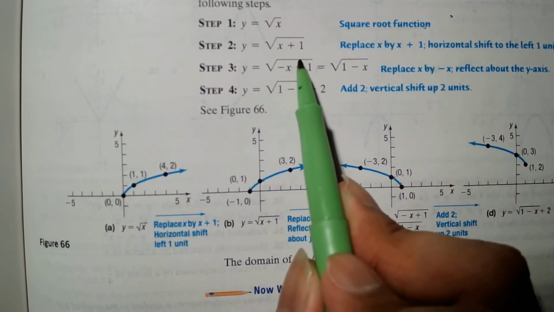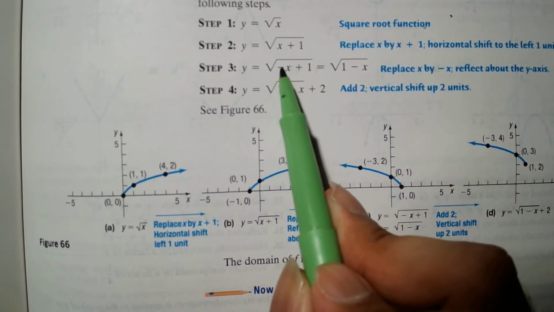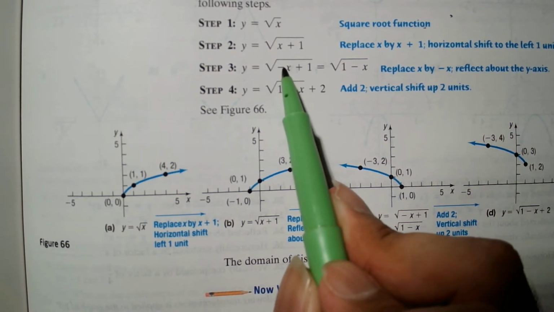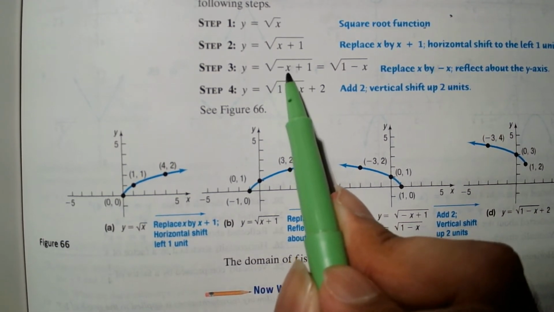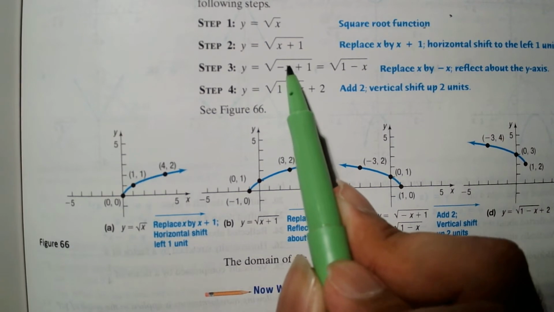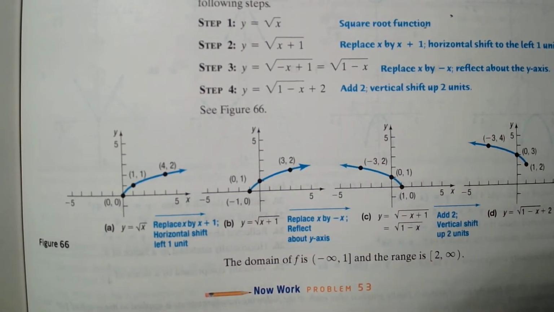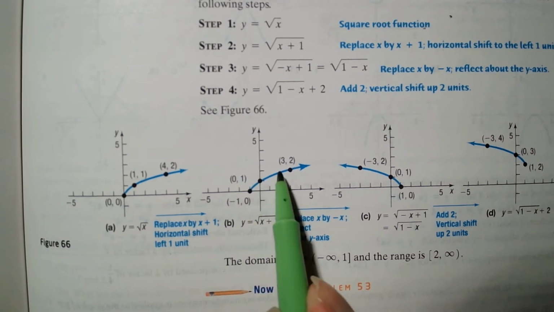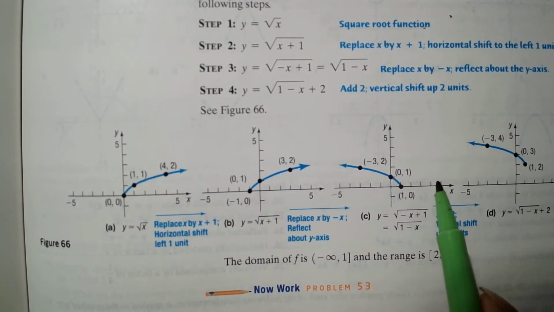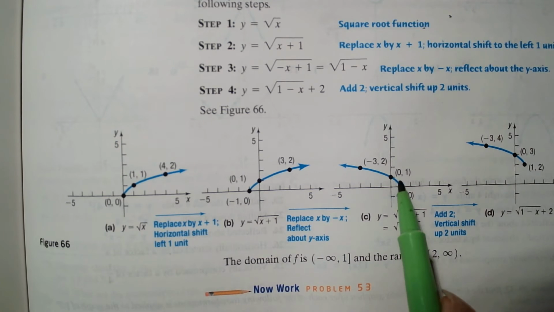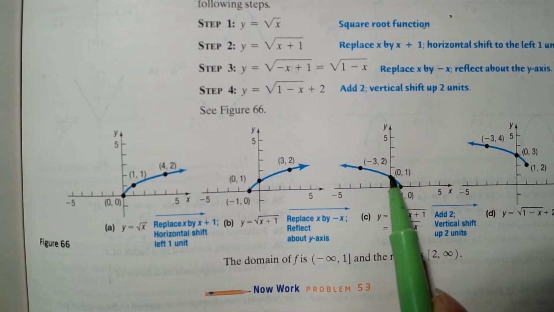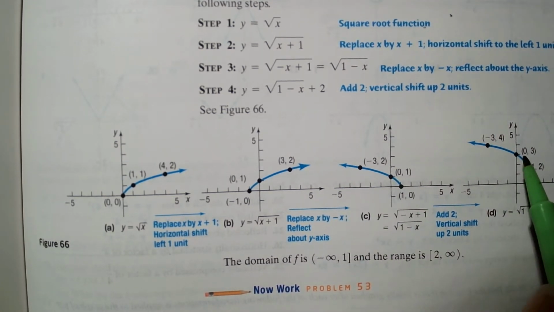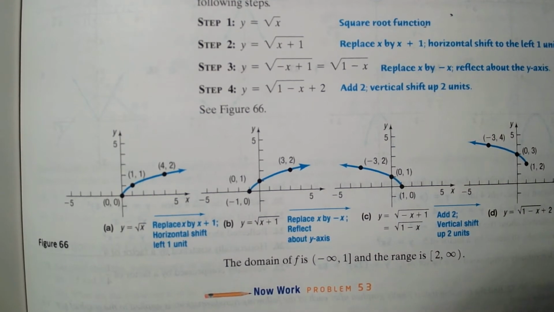They did it the other way by adding the 1 first and then changing the reflection, and then did the 2. So in this case, shift everything 1 unit to the right, then reflect everything with respect to the y-axis, and then shift everything 2 units up.